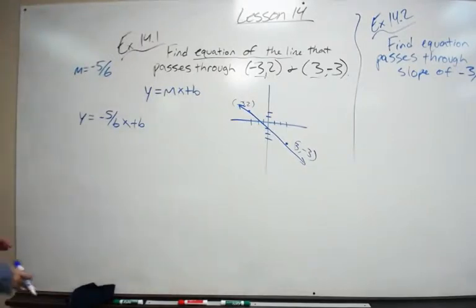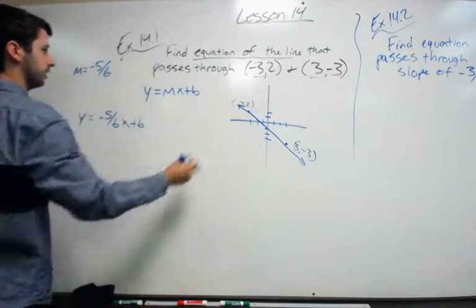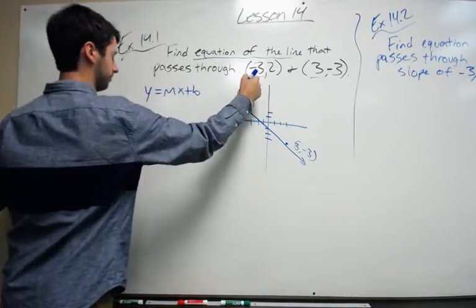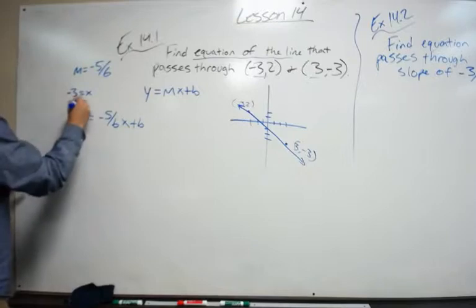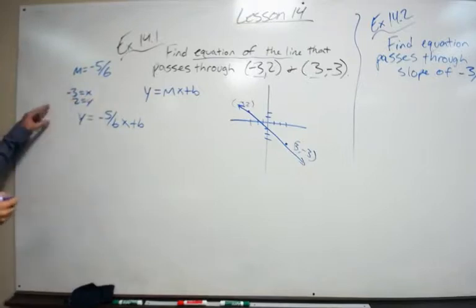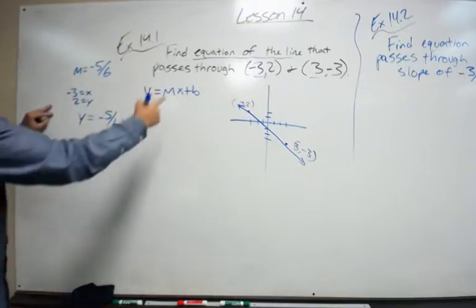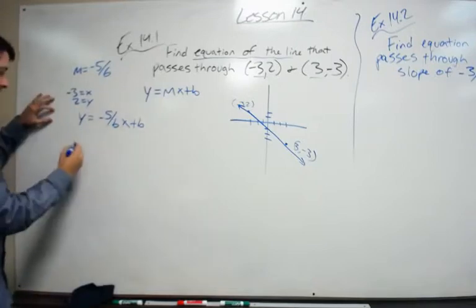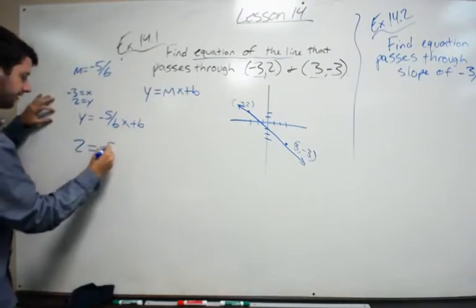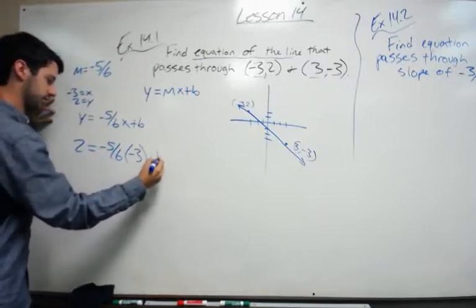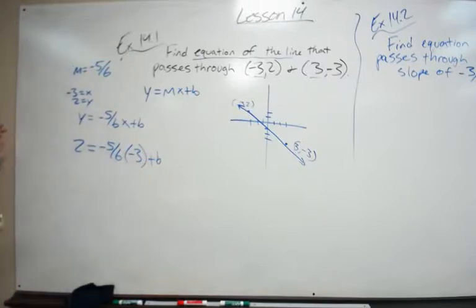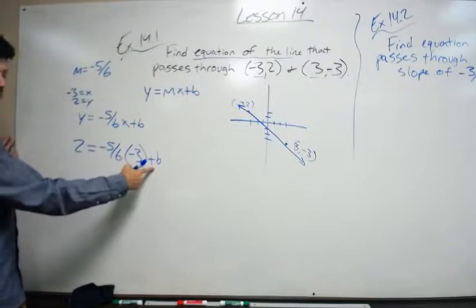We're going to plug in the first one. Remember, -3 is x, 2 is y, because it always goes x, y in the coordinate form. So plugging in, 2 equals -5/6 times -3 plus b. We have one variable now, so we can solve.